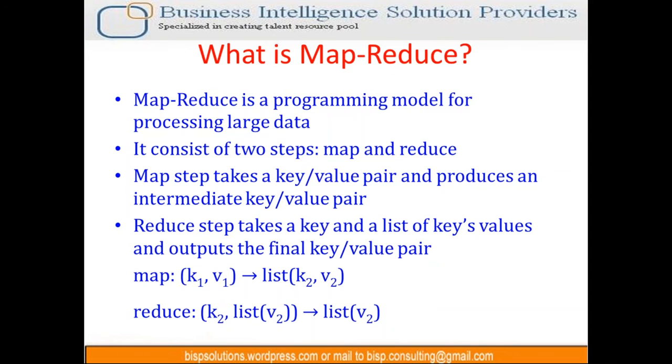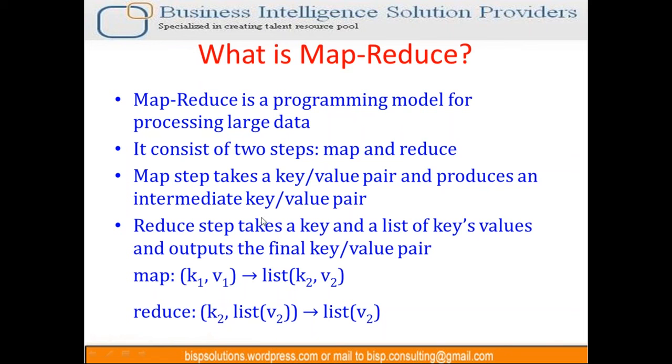So it gives you a way to decide how you want to break down your problem into smaller units, right? This model says that your input data, first you have to divide it into key value pairs. That process is known as the mapping process. So the map process will take some input key value pair and give you output as a key value pair.